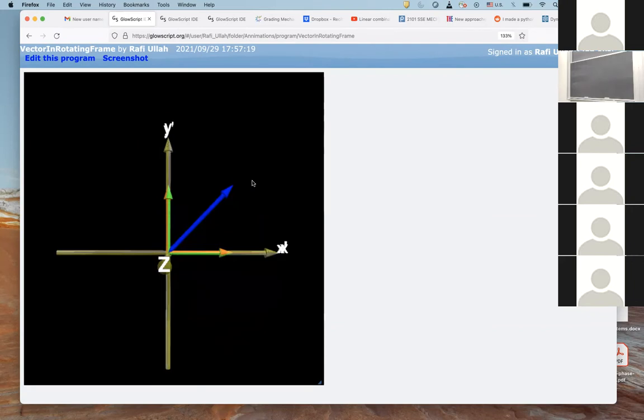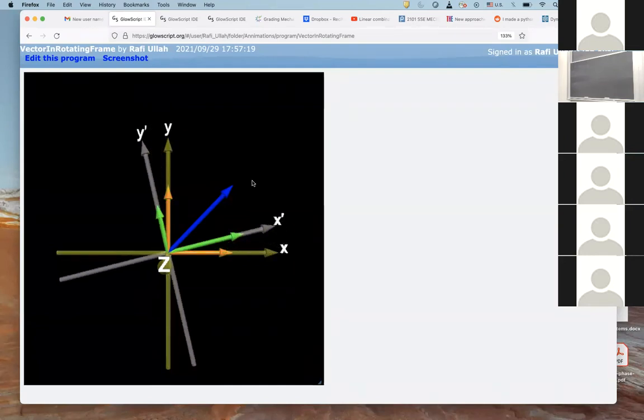So I have two frames of reference, xy and x prime y prime, the prime frame, and blue is the vector. This time I have my first frame, the unprimed frame, fixed, and the vector fixed as well. And I am allowing the primed coordinate system to rotate. So you see, now the primed coordinate is slightly rotated with respect to the unprimed coordinate system.